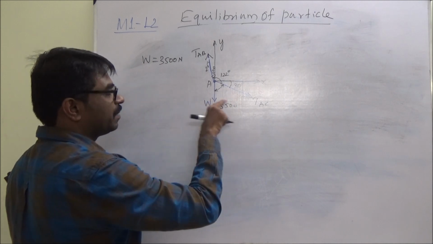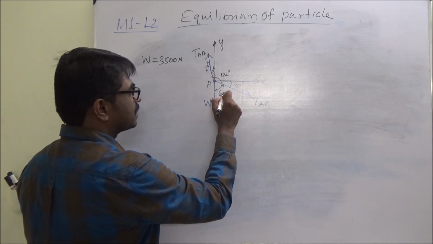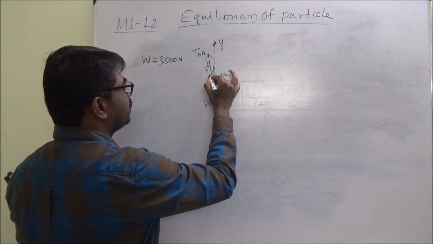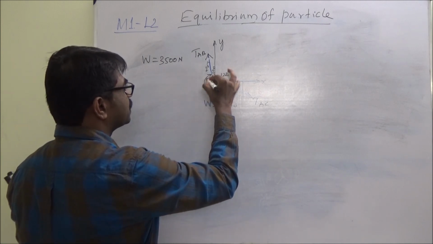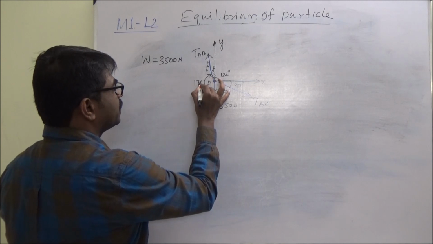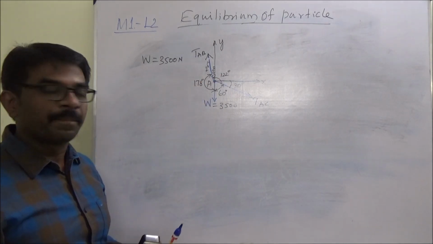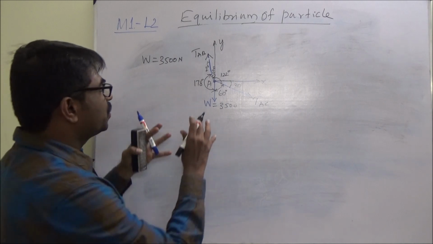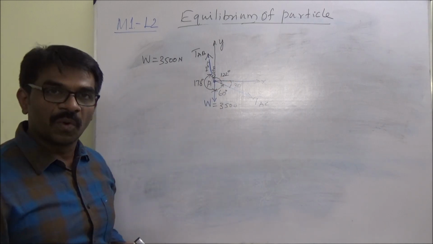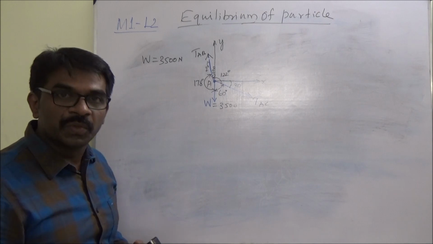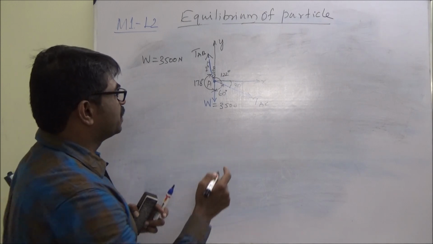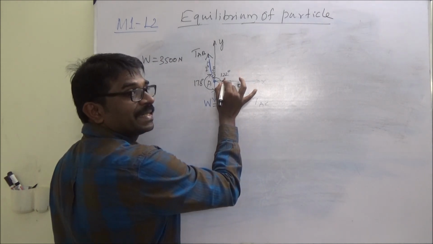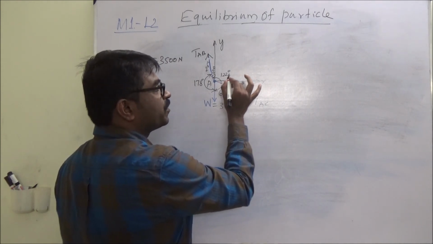So the angle between W and TAC is 60 degree. And the angle between these two forces is 178 degree, that's 180 degree minus 2 degree. So the opposite angles are known. Now we will be able to use Lami's principle. What is Lami's principle? We are using W over the sine of the opposite angle.